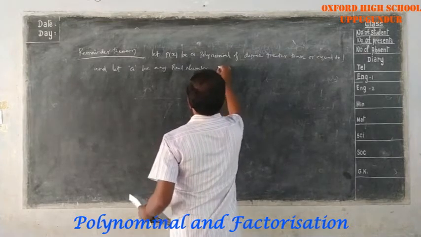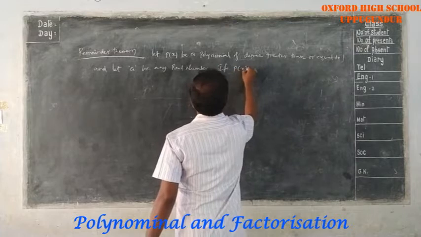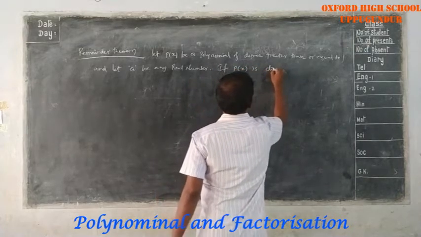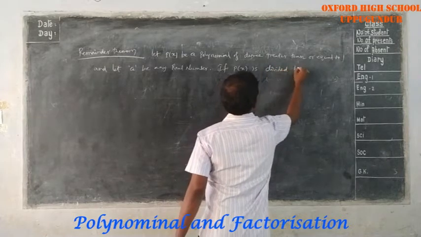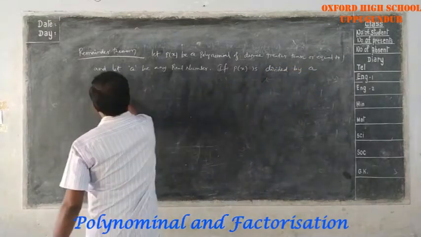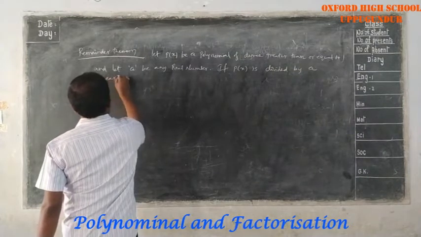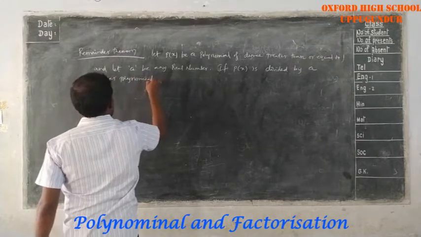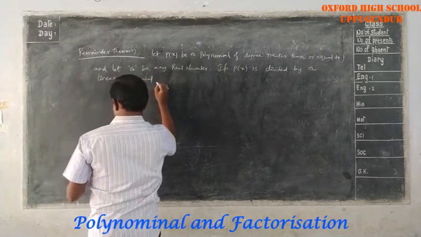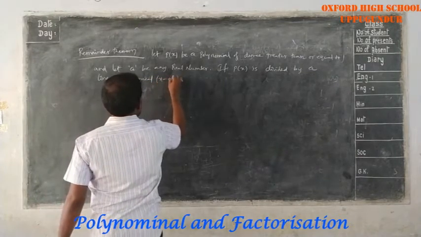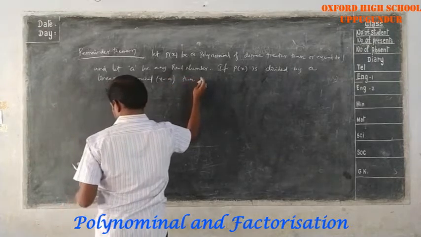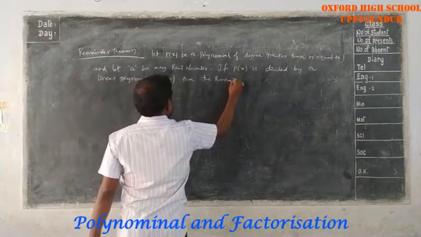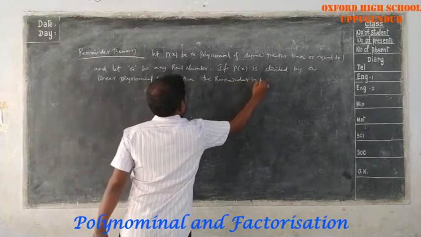If P of x is divided by a linear polynomial x minus a, then the remainder is P of a.